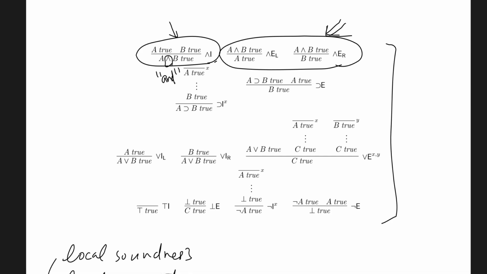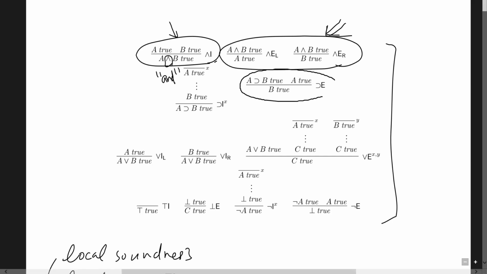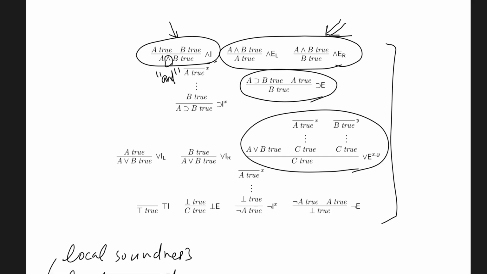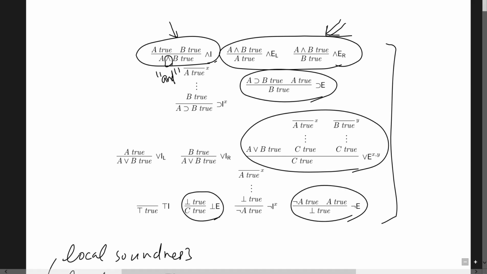We'd like to develop some kind of criterion so that we can test if these elimination rules are indeed okay, or if there is some sort of a bug in the design of these elimination rules.